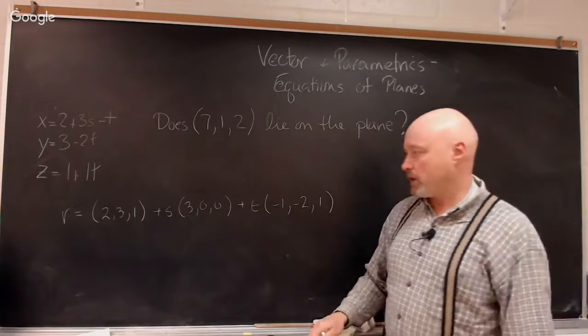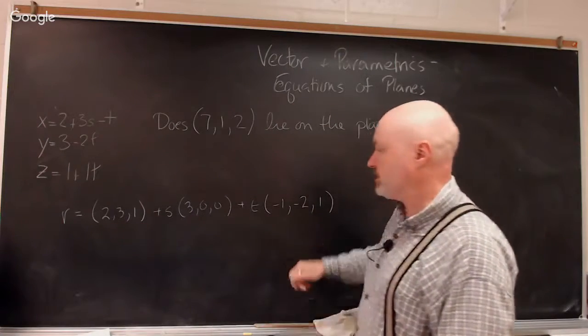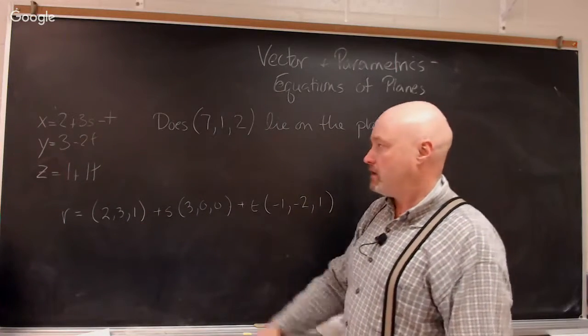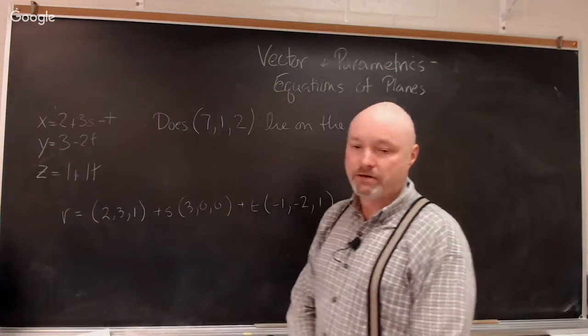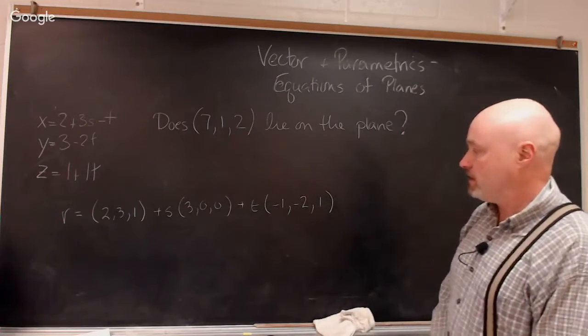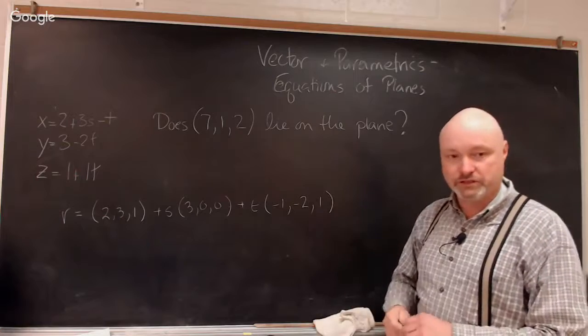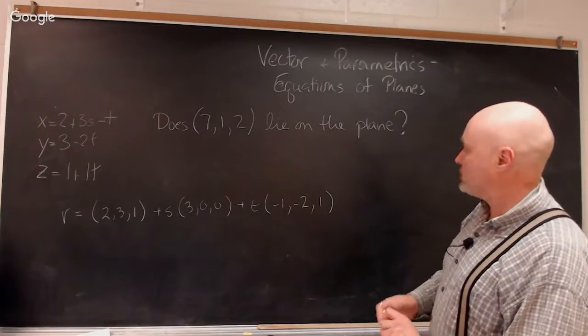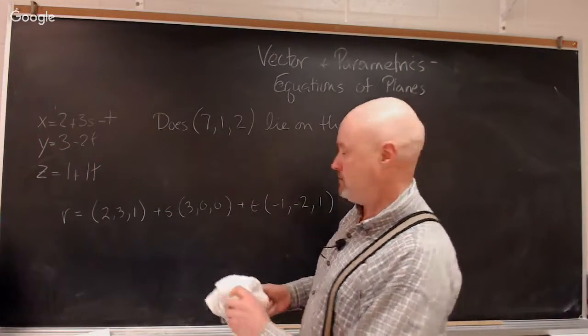And so in the preamble, we had this vector definition for a plane, and it just turns into that parametric definition for the plane. And I put up this new question: does the point 7, 1, 2 lie on this plane?